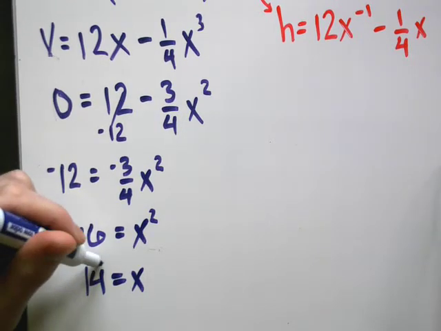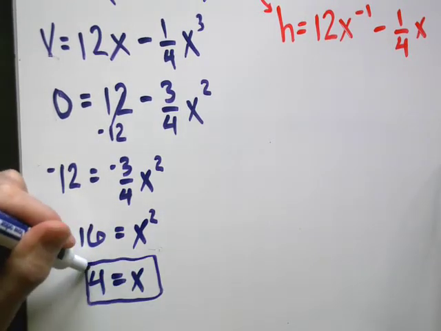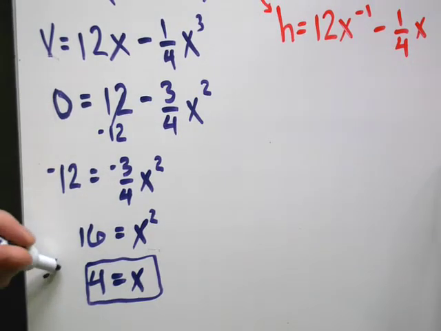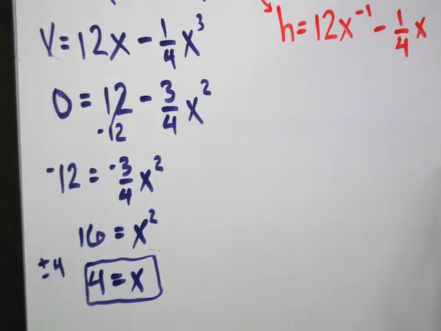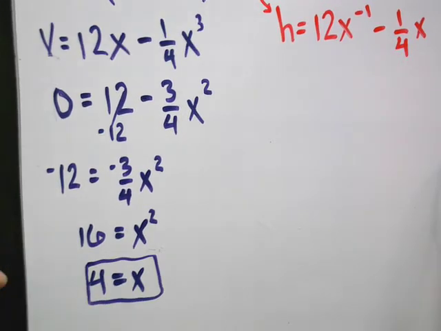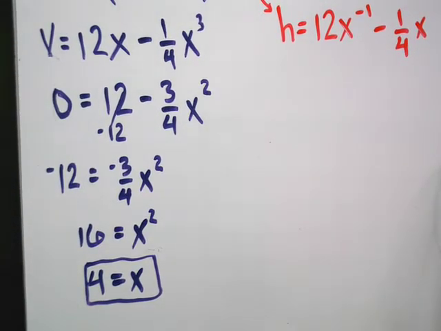By the way, on all of these square root equations, I know in the past we said that, for example, the square root of 16 could be plus or minus 4. We automatically eliminate the negative 4 because there's no way you can have a negative dimension when you're making a box, right? Everything's got to be a positive dimension, okay?